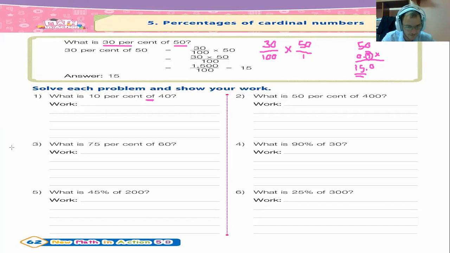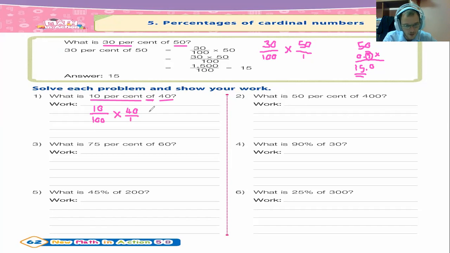First, we read. What is 10% of 40? 10% of 40. Well, we know when we work with percentages, always over 100. 10 over 100 multiplied by 40 over 1.